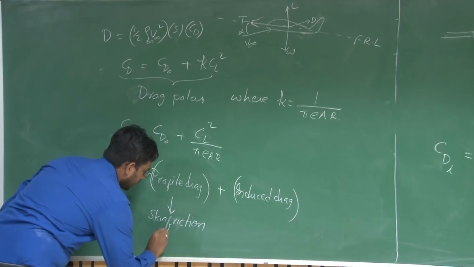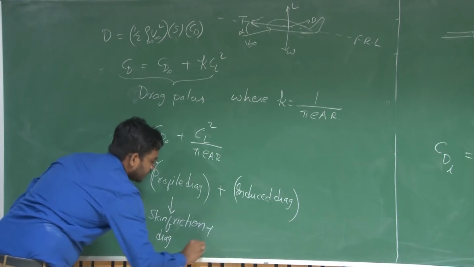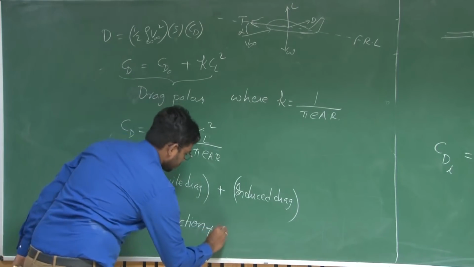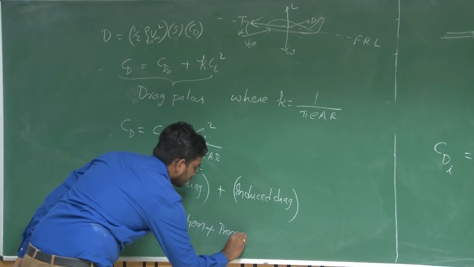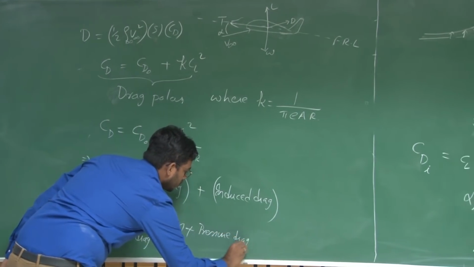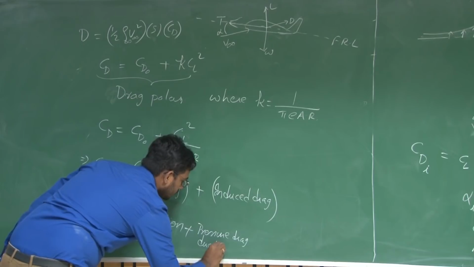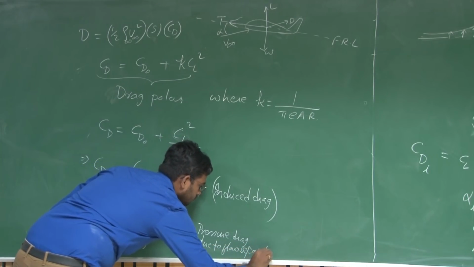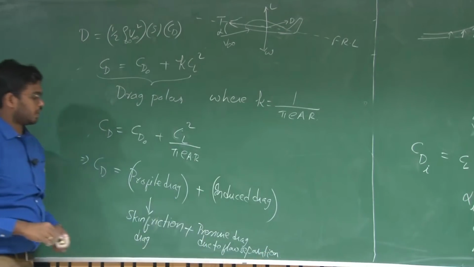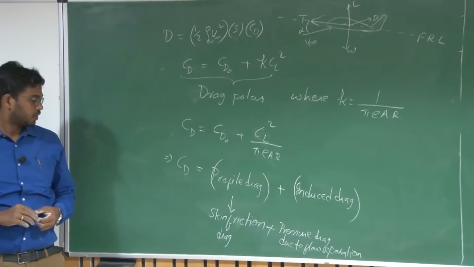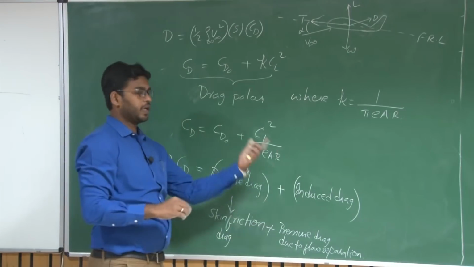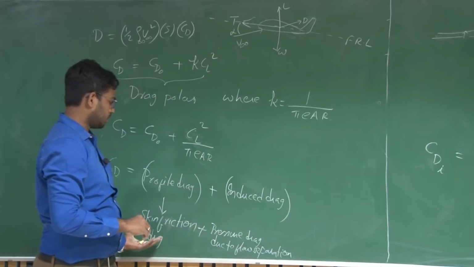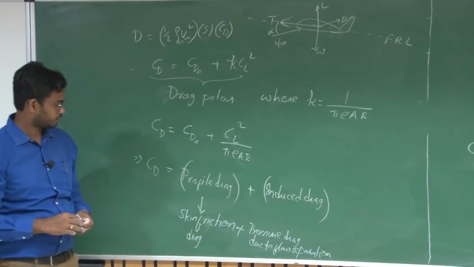Skin friction drag plus pressure drag due to flow separation. So pressure drag due to flow separation, right? And as you go to higher velocities, there is something also called wave drag, right? That comes into the picture.